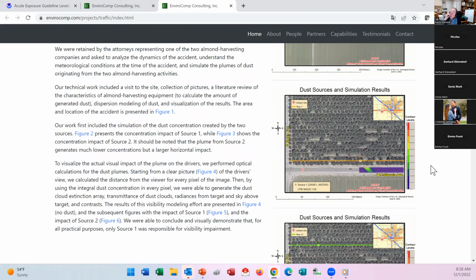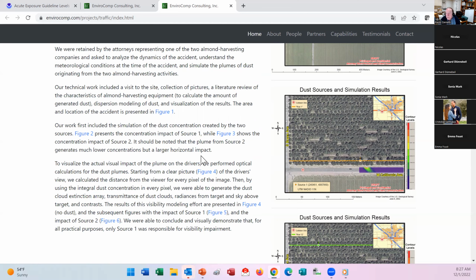So the challenge was to attribute the responsibility to one of the two companies or to both. I was hired by people who asked me, can you make a case here? Can you run a model? Can you tell us which of the two companies, if any, is responsible for the dust?